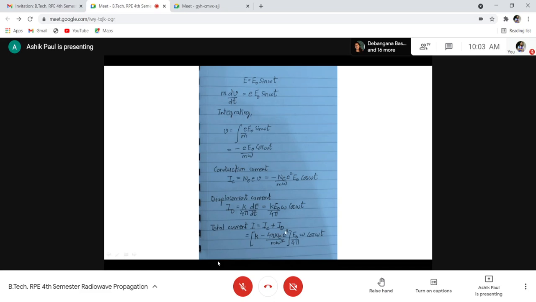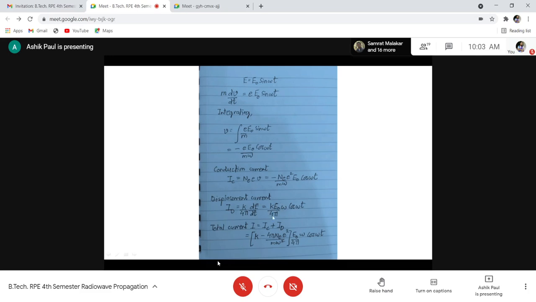So the total current in the medium will be given by K minus 4 pi Ne into E square by M omega square. That means we are taking this E naught by 4 pi omega cos of omega t outside the bracket.